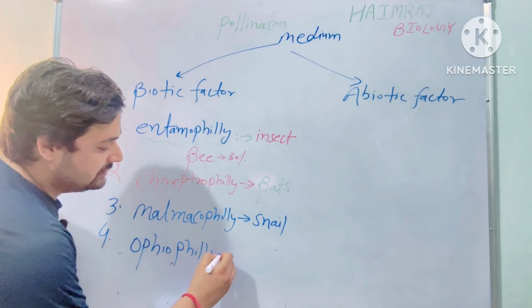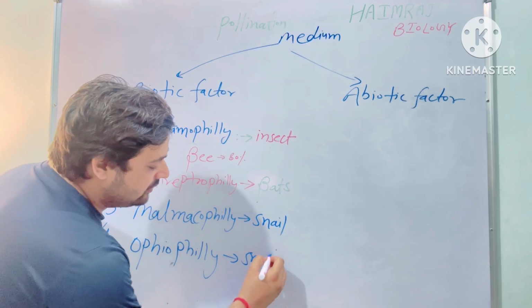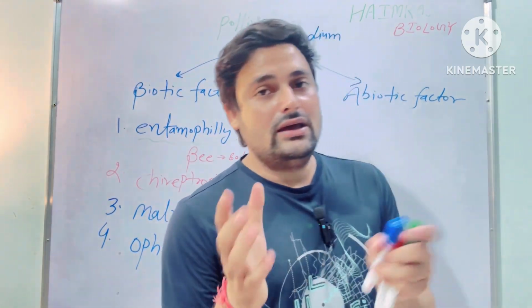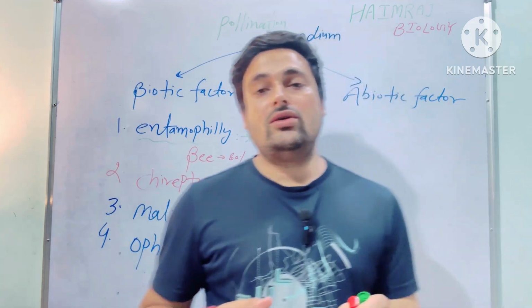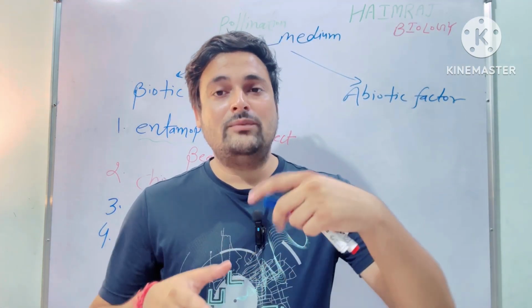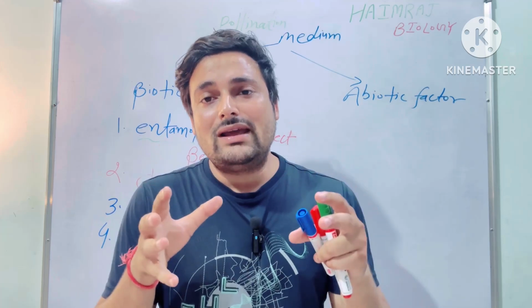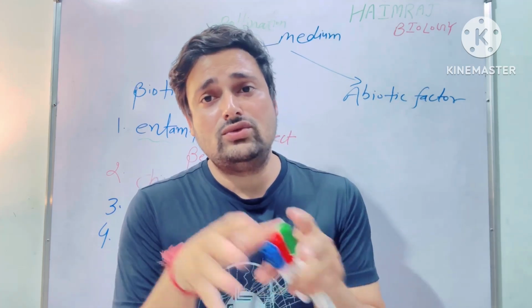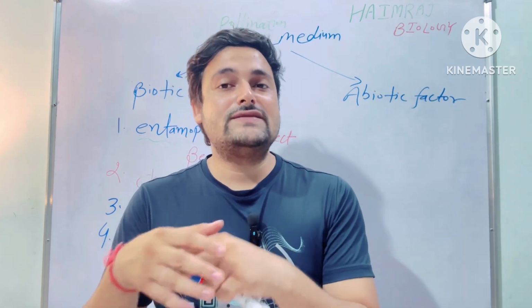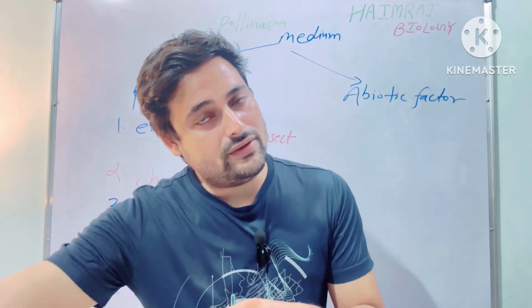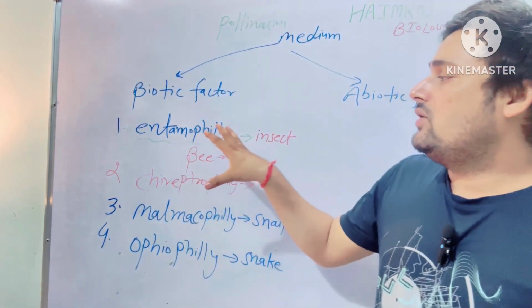In this portion, a snake can be part of this pollination. If a snake is moving around upon one flower, then the pollen grain can adhere to its body and be transferred from one plant to another or one flower to another flower. So these can be the biotic factors.